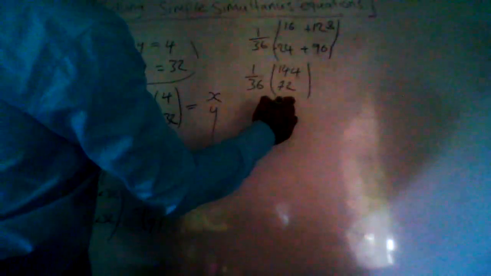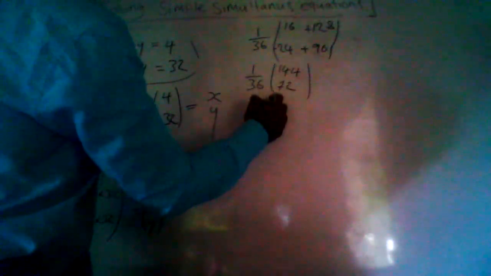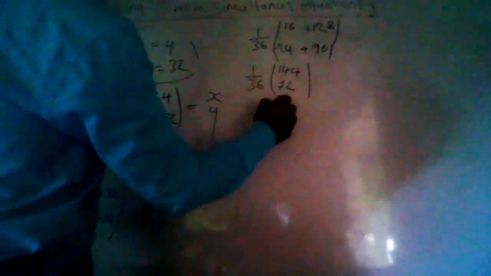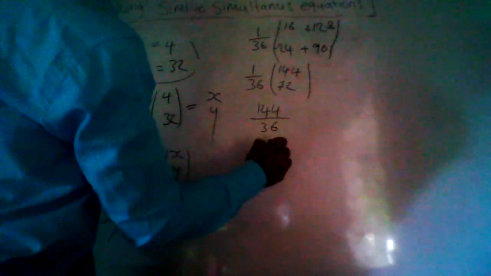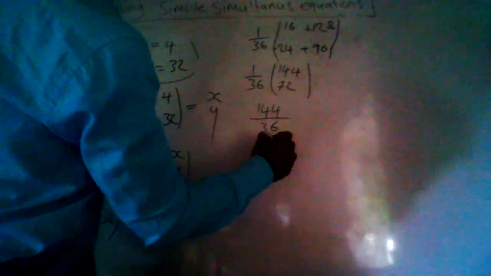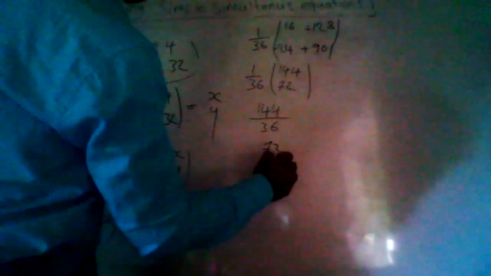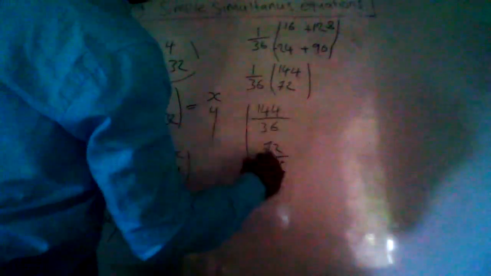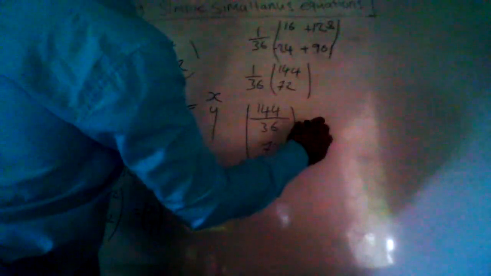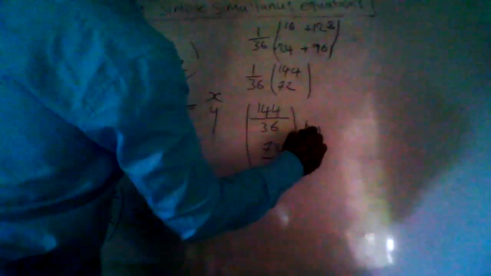Then we'll go ahead and multiply it by the scale factor here now. So 144 divided by 36 and 72 divided by 36 would be equal to xy.